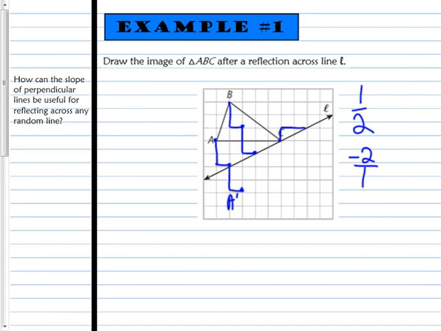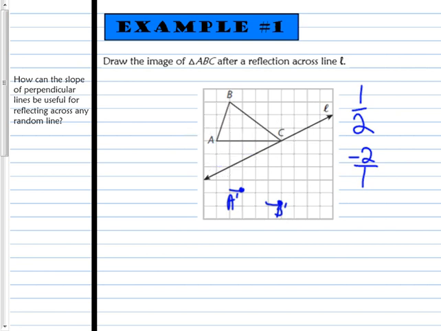I'm going to start at line L, down 2 over 1, down 2 over 1. Here is B prime. Okay, I'm going to erase some of this so it doesn't get too messy. I think you get the point though. So here's A prime, here's B prime. And then where do you think point C should be?